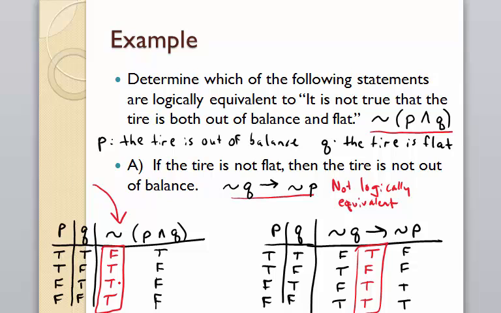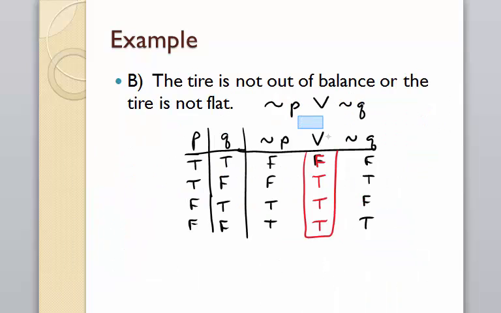And we can see that those two are exactly the same, which means that yes, these two statements are logically equivalent. So remember, in your truth table, if you have two statements that are logically equivalent, they must have exactly the same truth values in the truth table.